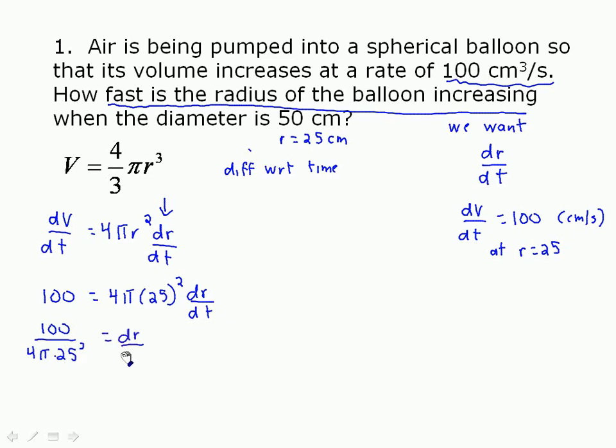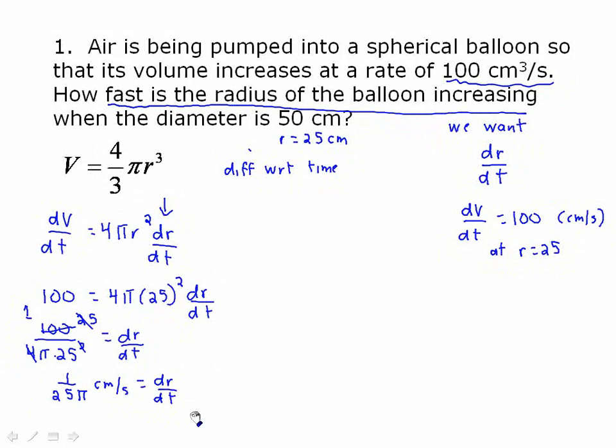And then do the simplification on it. Divide by 4, that'll give you 25. And then divide out a factor of 25 will give you 1. So we should end up with the answer 1 over 25 pi. Typically we'll have a pi in the answer, so we often will have exact values for them.